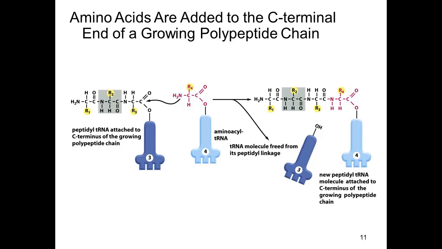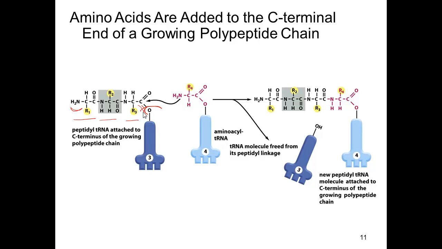Now on this slide we see the important principle about how proteins are synthesized from the amino end to the carboxy end. In this case there are 3 amino acids, 1, 2, 3, connected to a tRNA. A 4th amino acid is going to come in, it's going to attach to the carboxy end.